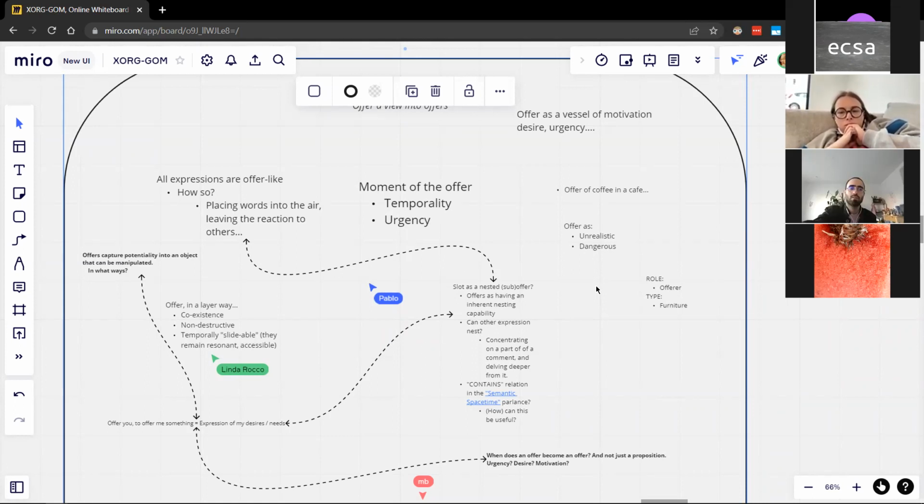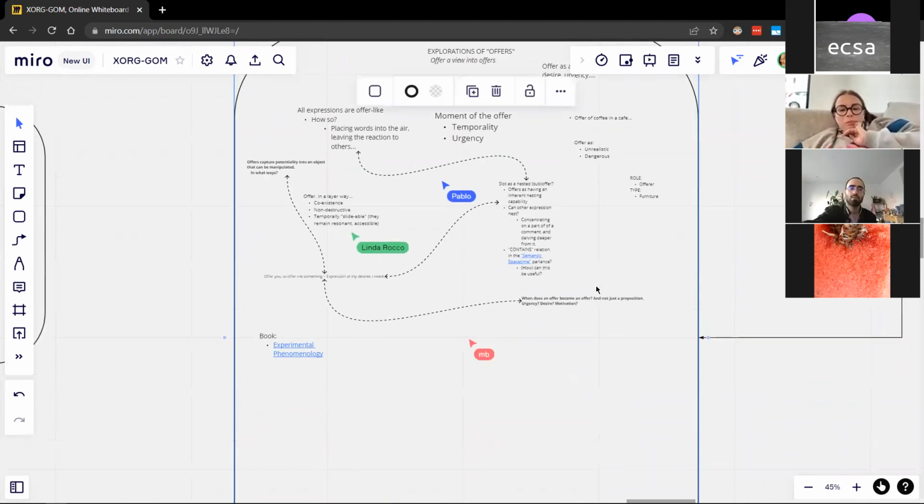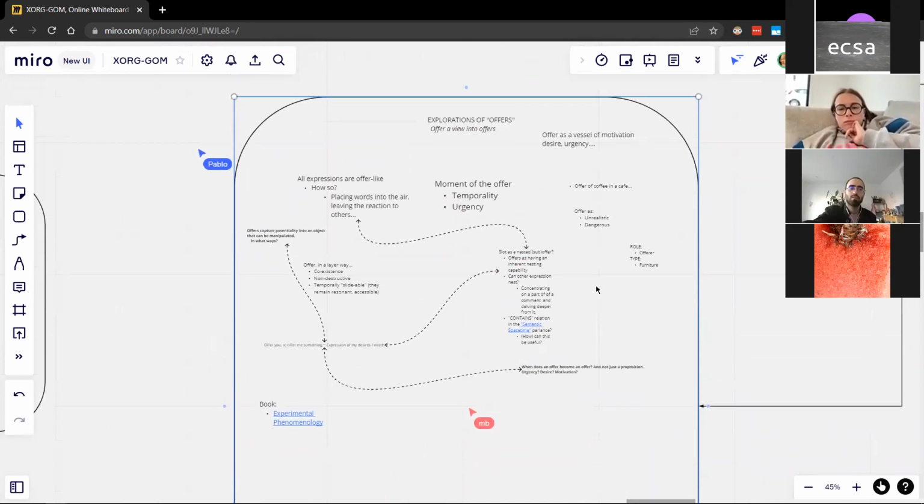So this for me is kind of forming how this can be like a room in one way, and I thought it's interesting to point out this possibility.